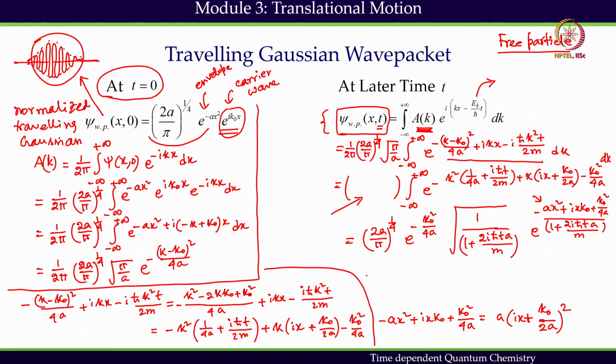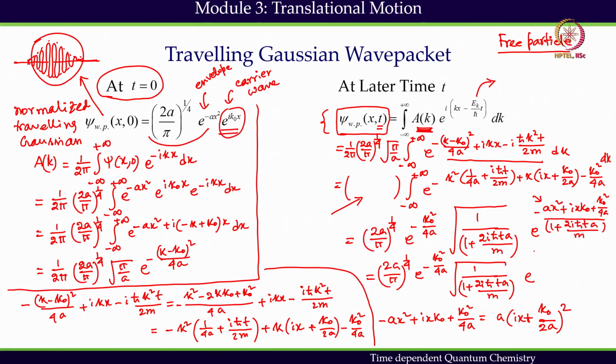So, if we do that, then I will be able to get the final expression for the wave packet as (2a by pi) to the power 1 by 4 e to the power minus k naught square by 4a, then square root of 1 by 1 plus 2i h cut t a divided by m, and then the exponential part I can write down this way.